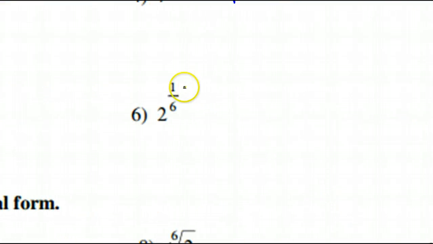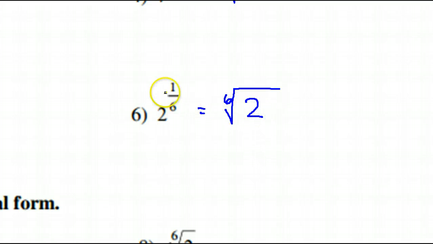And number 6, power over root. The root is the 6th root. So we'll do the 6th root of 2. And the power of 1, we're not going to write that little power of 1. So the 1/6 power is the same thing as the 6th root. We don't write any exponent in there.